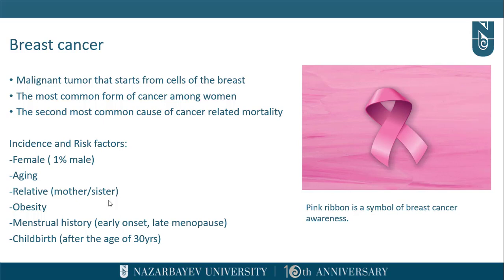Now let's talk about some types of cancer which are prevalent, which are very common in women. This is breast cancer, and the symbol of breast cancer awareness is demonstrated by wearing this pink ribbon.